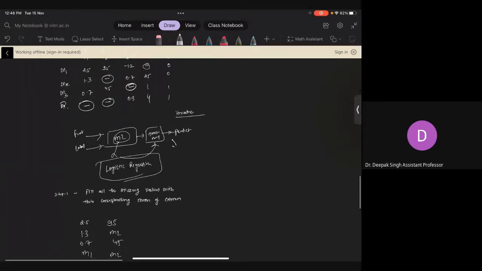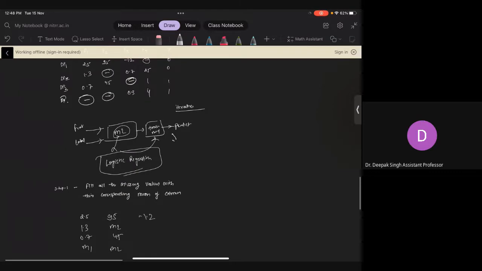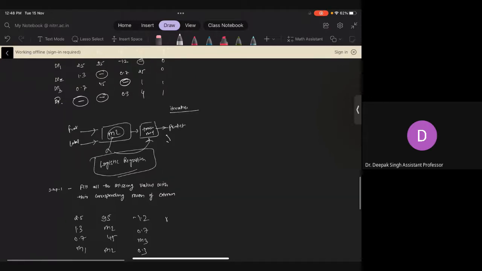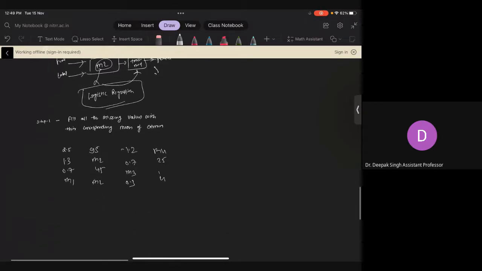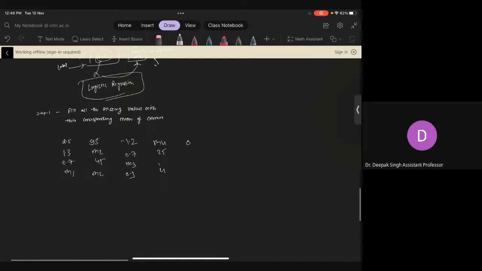Then you have minus 1.2, 0.7, m3, 0.3. Then you have m4, 25, 1 or 4. And then their corresponding labels too, that is 0, 0, 0, 1, 1. Is it clear? So this step is clear.